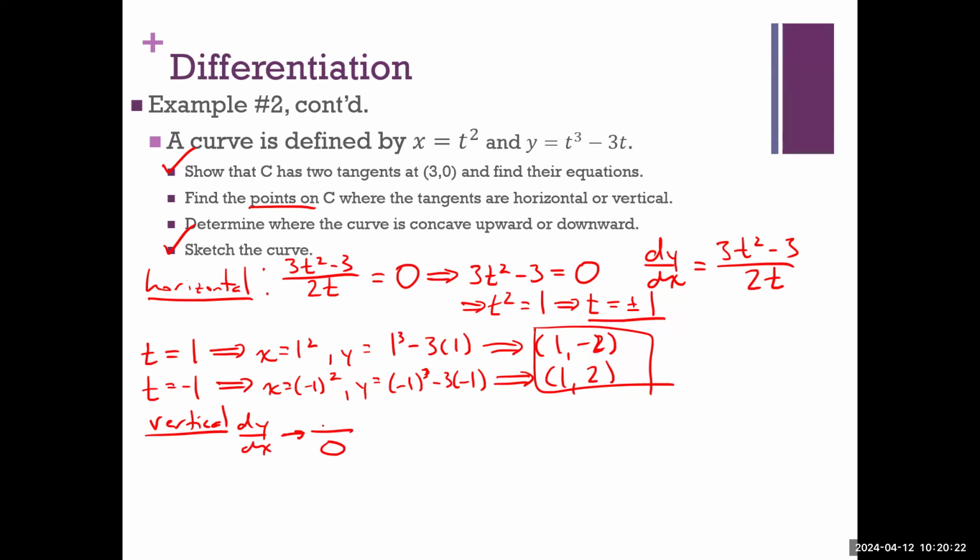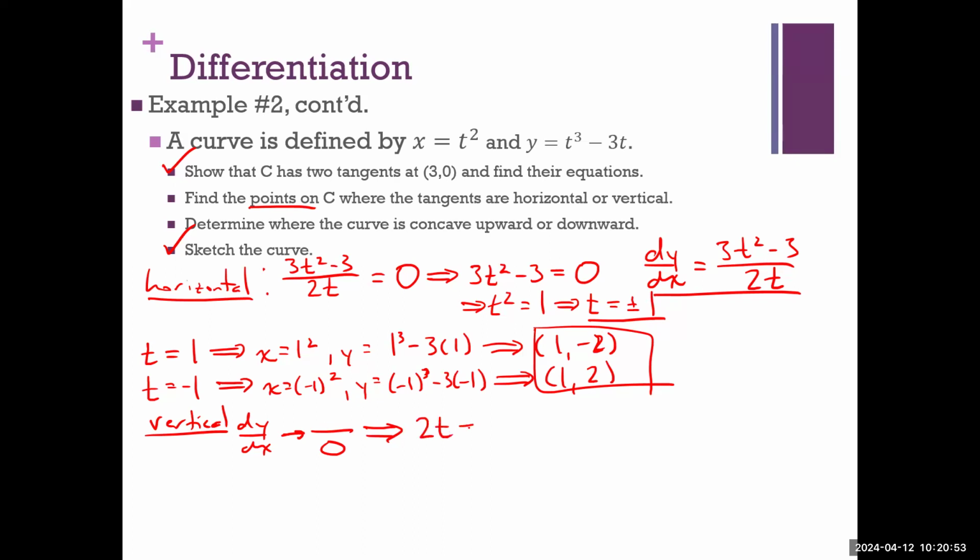Not zero for t. But basically here, our dy/dx is (3t squared minus 3) over 2t, right? So what's going to make that be undefined? It would, but how do you get there? Okay, that's the middle step I wanted to make sure we actually addressed.